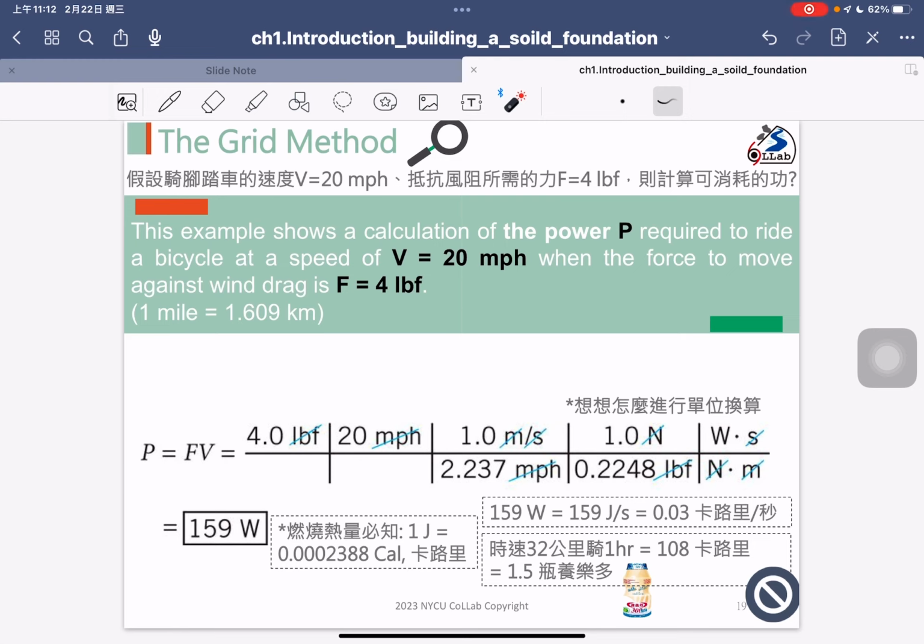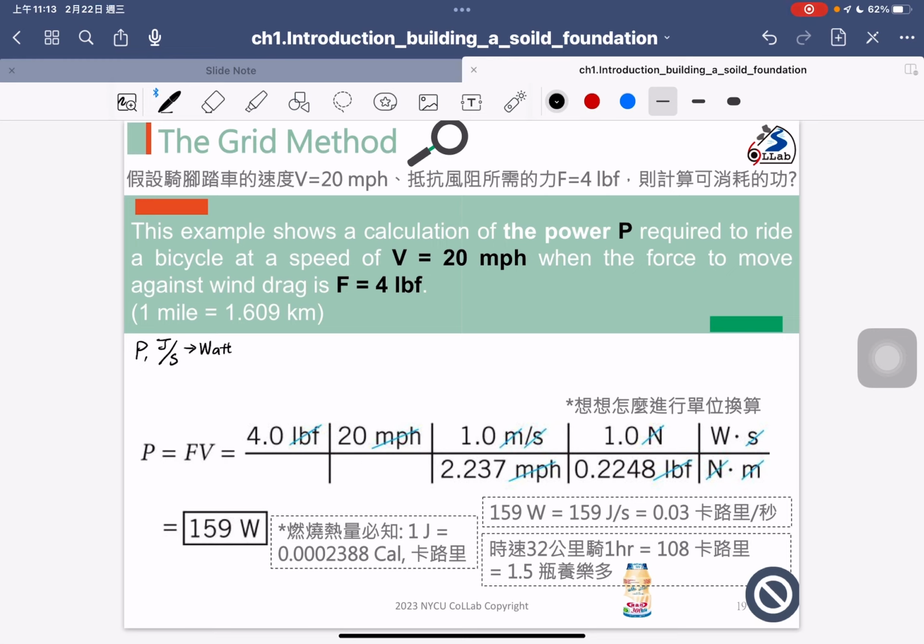So first I will understand the power. Usually power has the unit joule per second, and joule per second we sometimes write as W, watts.